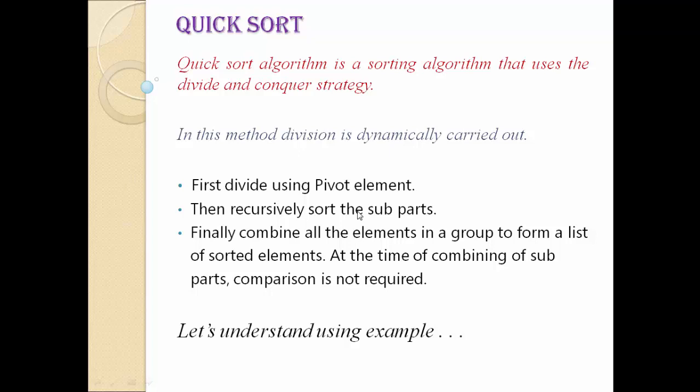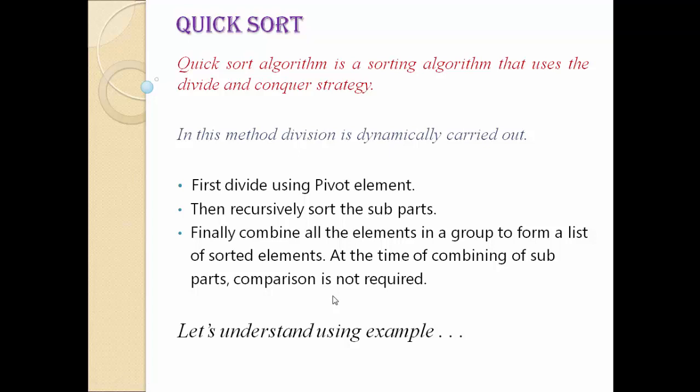We consider one element as a pivot element, and based on this pivot element we divide the whole list of numbers into different parts. Then the second step is to recursively sort the subparts. Finally, combine all the elements in a group to form a list of sorted elements. At the end of combining the subparts, comparison is not required.